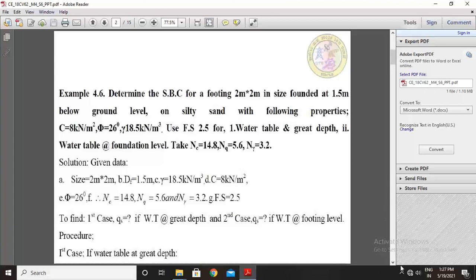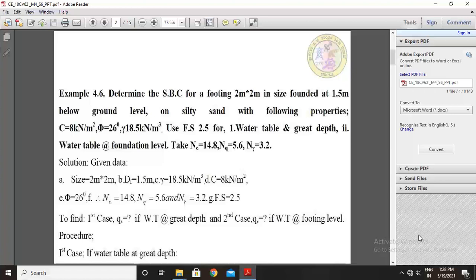safety is given 2.5. To find, first case, QS equal to how much, that is safe bearing capacity equal to how much if water table at great depth. And second case, SBC equal to how much if water table at footing level.